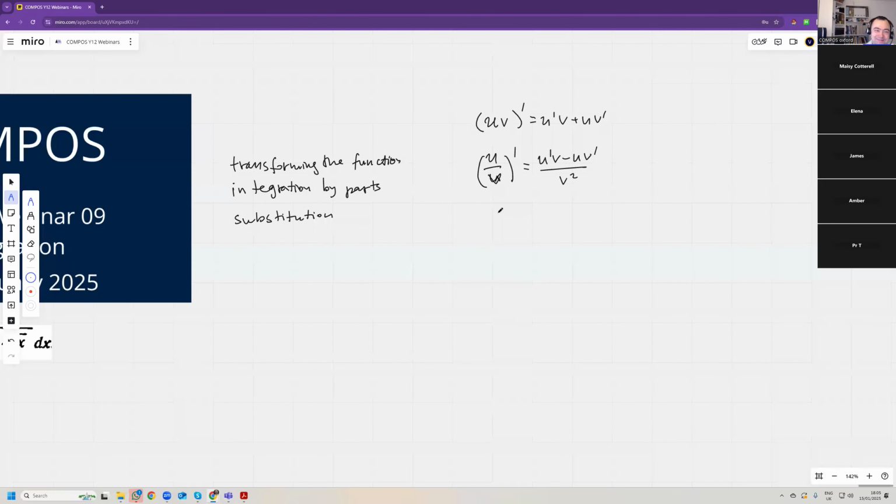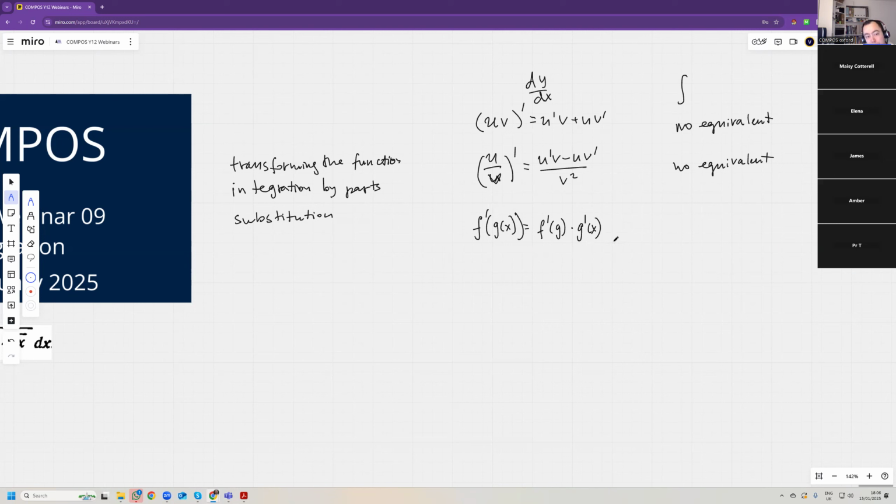This is differentiation, dy dx. In integration, no equivalent. And the chain rule, f of g of x dash is f dash g multiplied by g dash x.